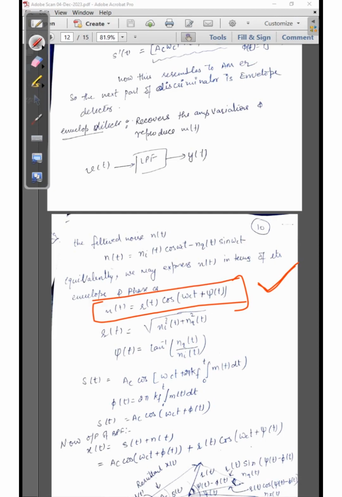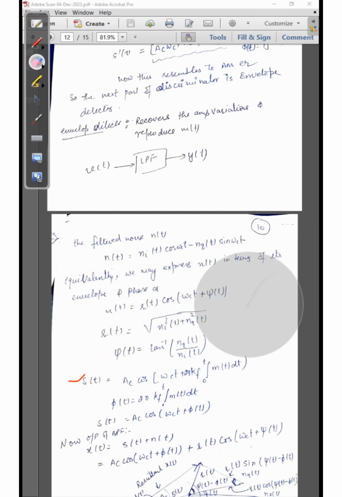We should know the value of r of t and psi of t. The next is our modulated signal. What was the equation for the modulated signal? I may keep it encircled so that it is easy to use further.